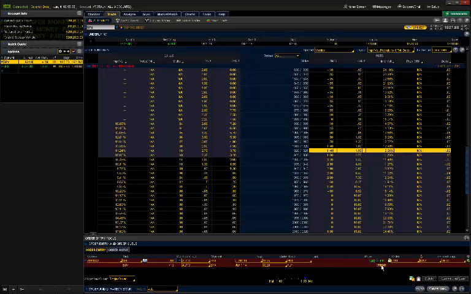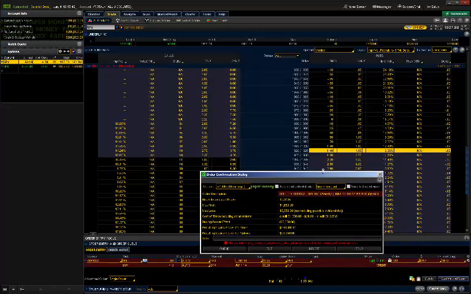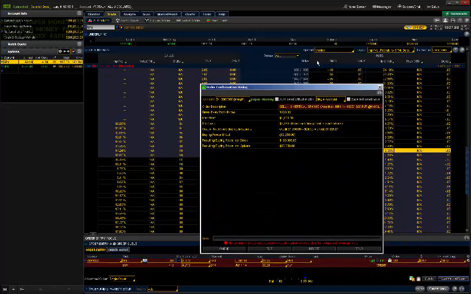Okay. So let's confirm this order and go through a little of this. We can see that we're selling the higher price, buying the lower price.